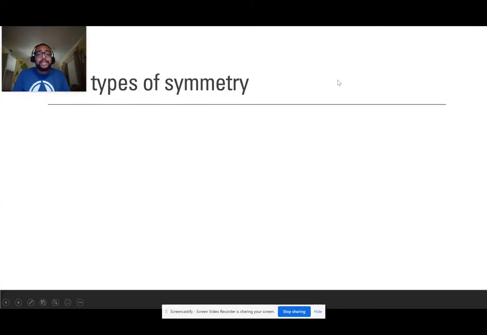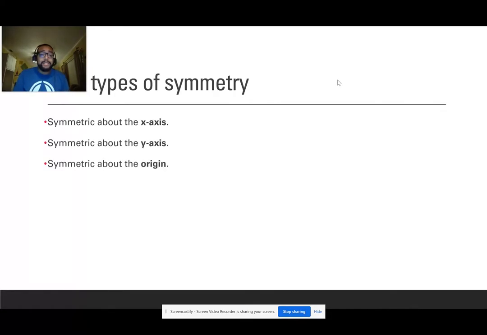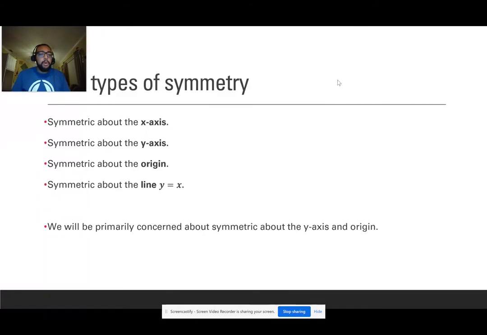So when I discuss symmetry, there's actually four different types of symmetry. Symmetric about the x-axis, about the y-axis, about the origin, and actually about the line y equals x. Now, we're going to be concerned primarily about symmetry about the y-axis and being symmetric about the origin.